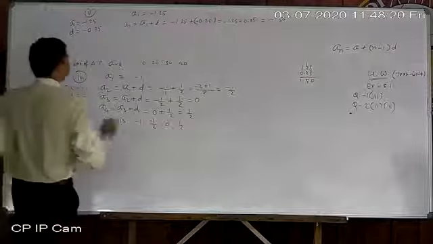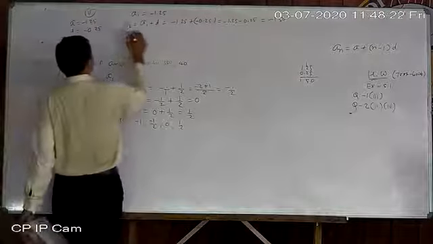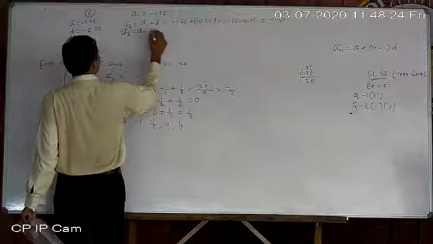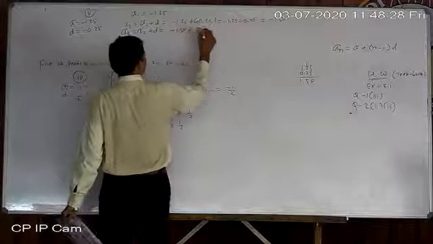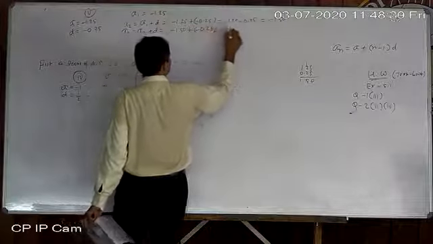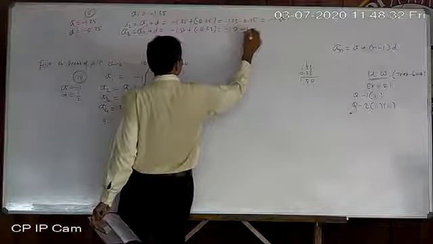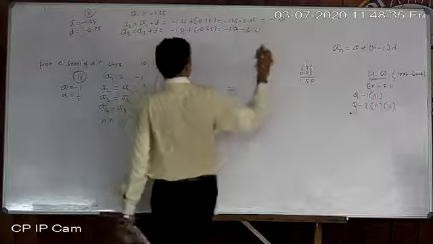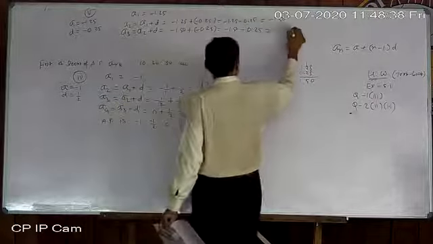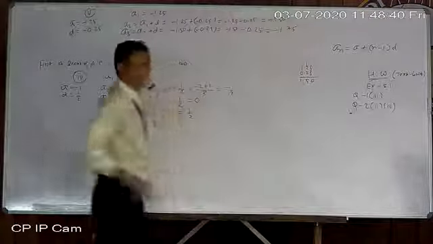Now, A3 equals A2 plus D. So minus 1.50 plus minus 0.25 means minus 1.50 minus 0.25. So it will become minus 1.75, just like the previous step.